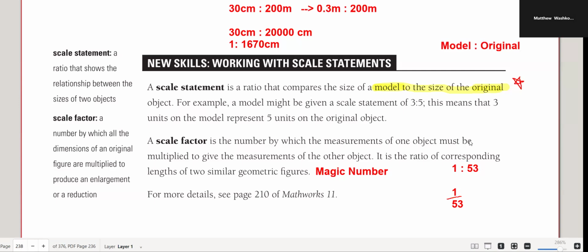Both of these mean the same thing, but the model is always first for both of these things, okay? You always put the model first, whether it's on the left side or the top, depending on whether it's a ratio or a fraction. Very important. It could also be going smaller as well. So for example, if I were to give you this model car example, you can see it's 53 times bigger.